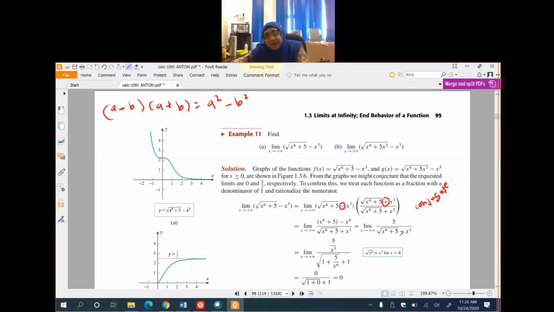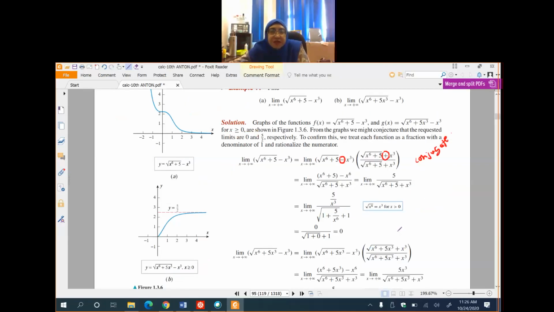So 5 divided by infinity plus 5 plus infinity will straight away give you 0. You don't have to divide with the highest order of the denominator.